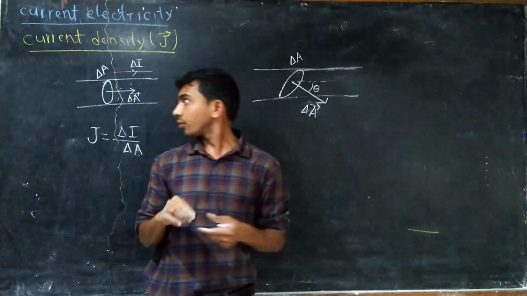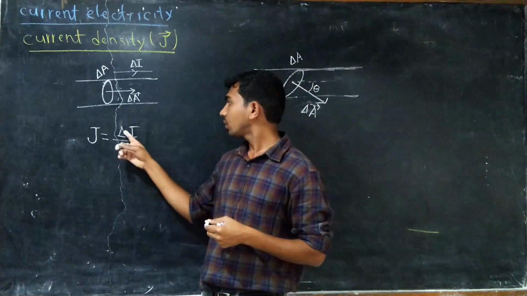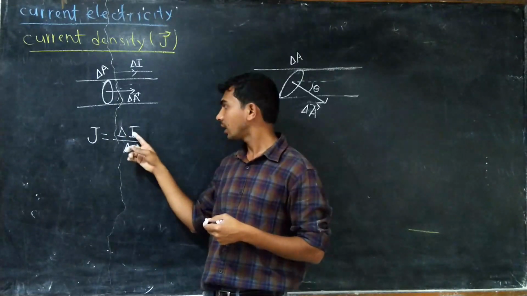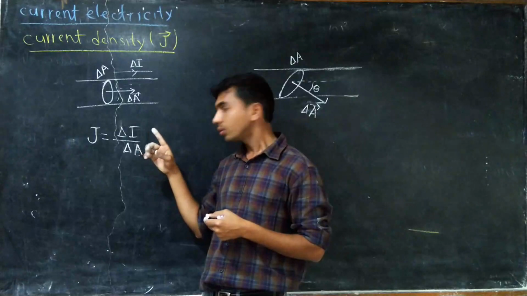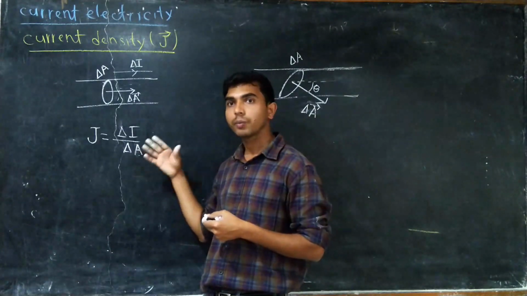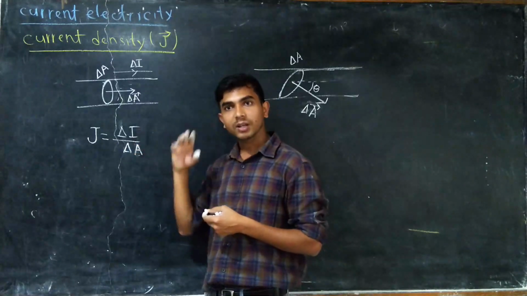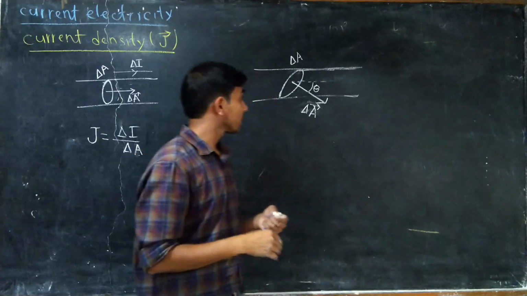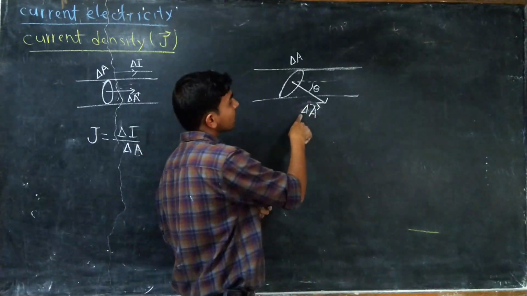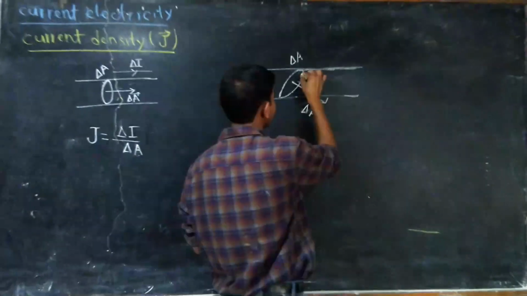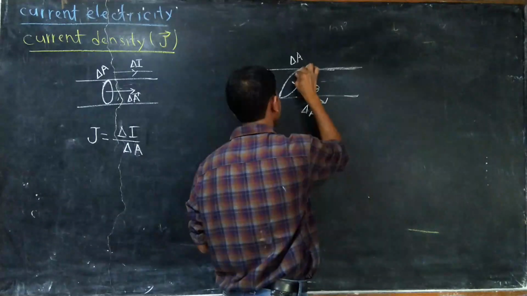Because you know current density is equal to delta I by delta A, where delta I is the current perpendicular to this area, or we can say the area perpendicular to this current. So here we have to find the perpendicular component of this area, and the perpendicular component of this area is this one.